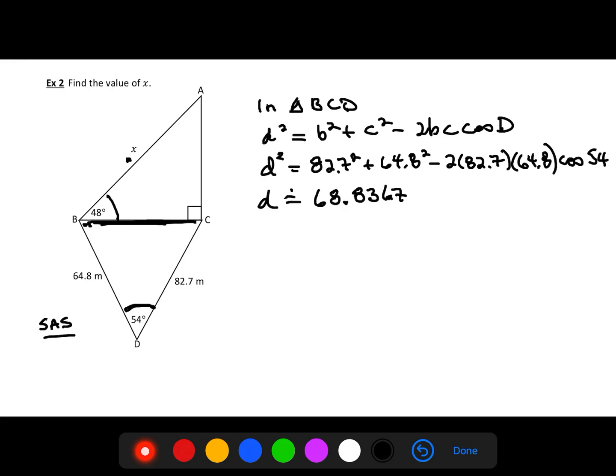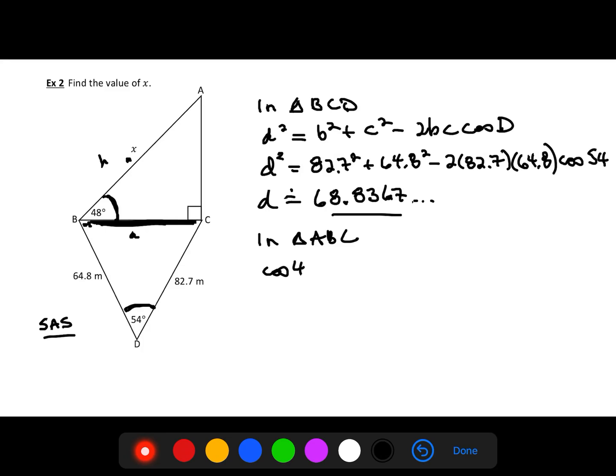Now notice we're not going to round this answer quite yet. We need to use this answer in the next step, so we want to be as precise as possible. So we're going to keep this number in our calculator and hope that we can use the entire thing. If not, we need to write down at least 4 or 5 decimals to make sure that we have as precise as we can.